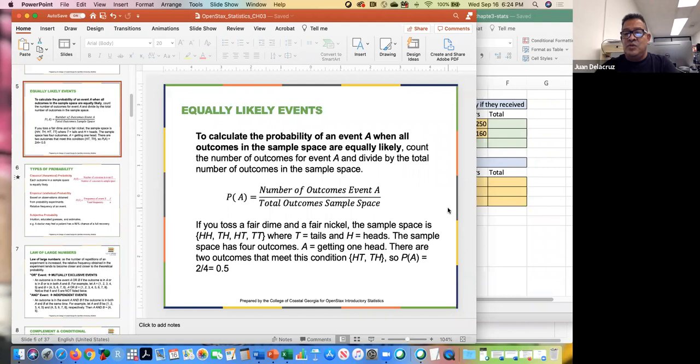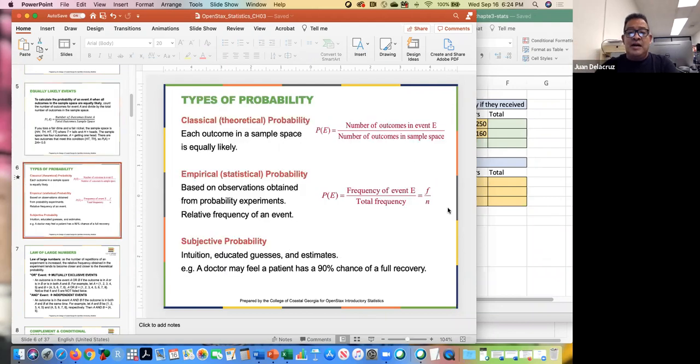Once again, that's what we did, frequency divided by the sample size. So that's basically the most accurate definition for the empirical. So that's when we are doing exercises and we are measuring in real life the event as it is occurring.